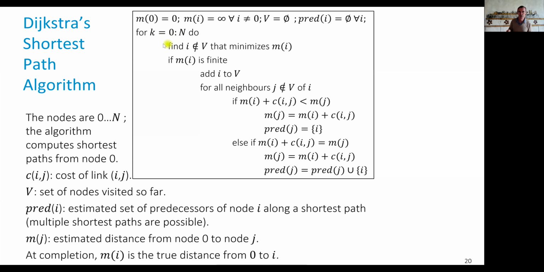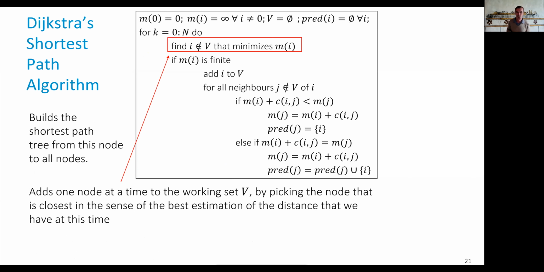So here is how the algorithm works. At every step, it adds one node to the working set, and it is the node that, based on the information we have at this stage, is the closest in terms of distance. And the magic of this algorithm is that we do it in this greedy way.